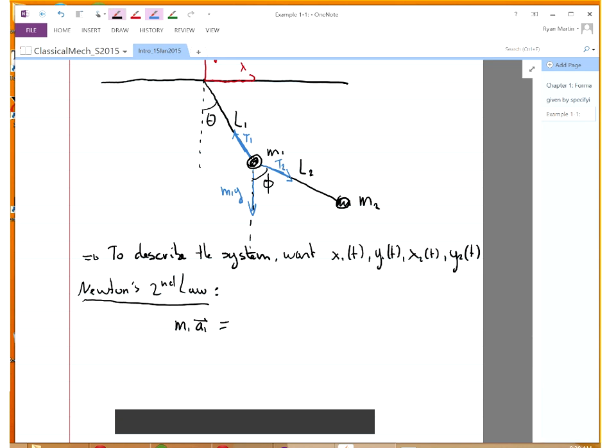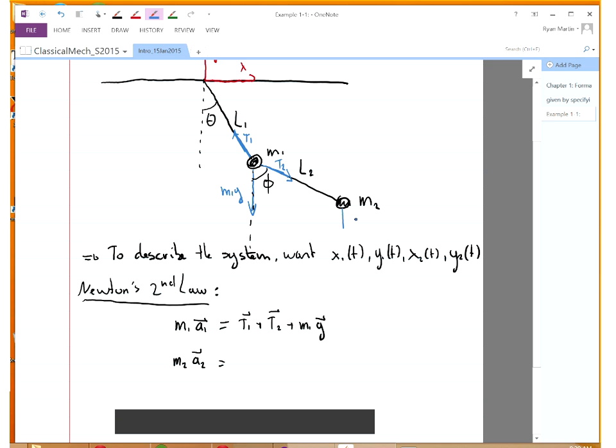So that's the forces that are on M1. If I put that into the equation as a vector, then the sum of the forces is T1 vector plus T2 vector plus M1 g vector. Similarly for M2, we're going to have M2 A2 vector equal to the forces on M2.